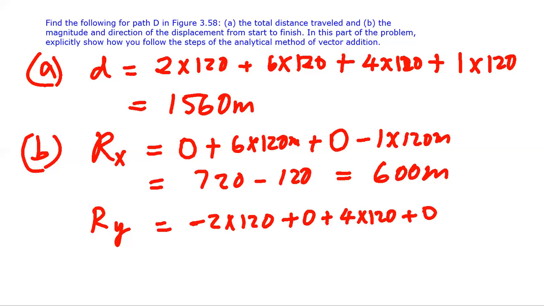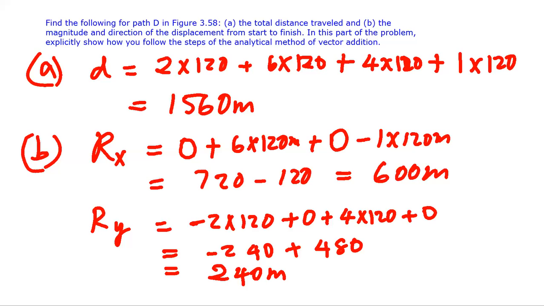So minus 2 times 120 plus 4 times 120 will give us minus 240 plus 480, which is 240 meters.